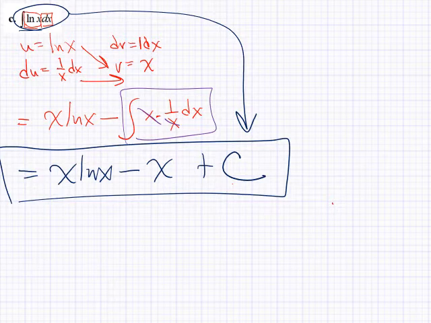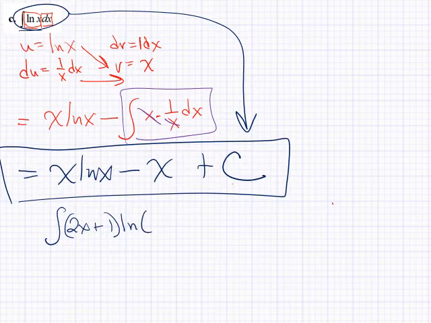Because if I gave you this integral, the integral of 2x plus 1 times log of x squared plus x dx, and I said do this integral, you could get this done simply by doing integration by parts on this whole thing.